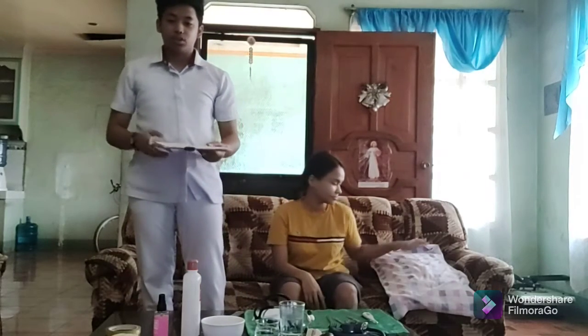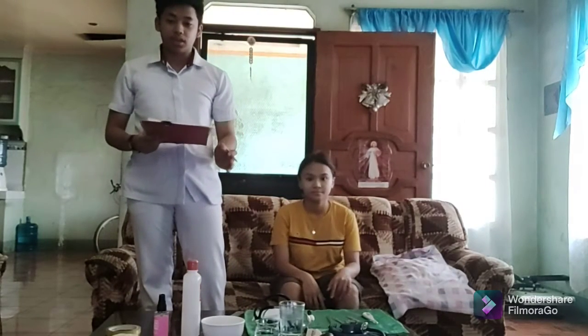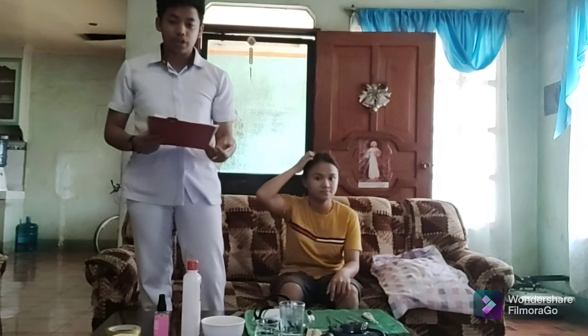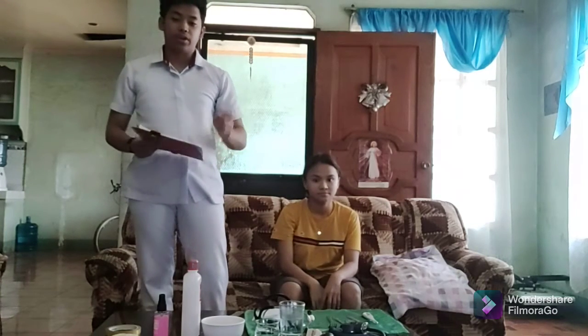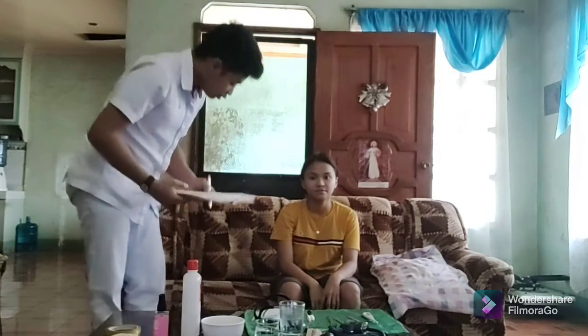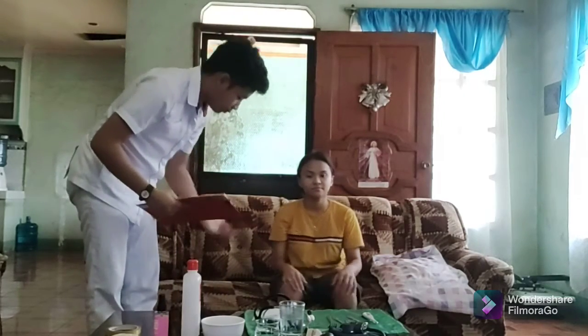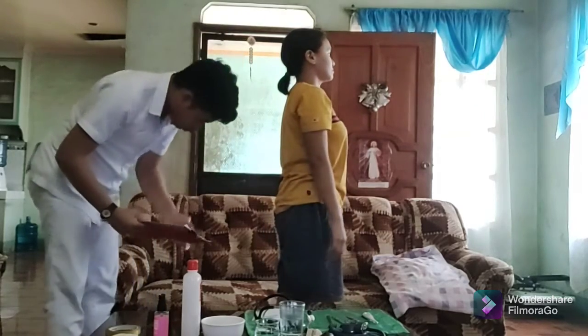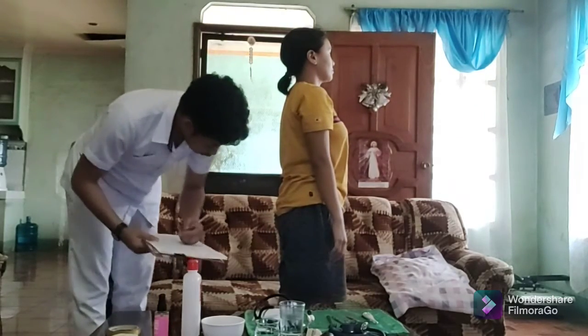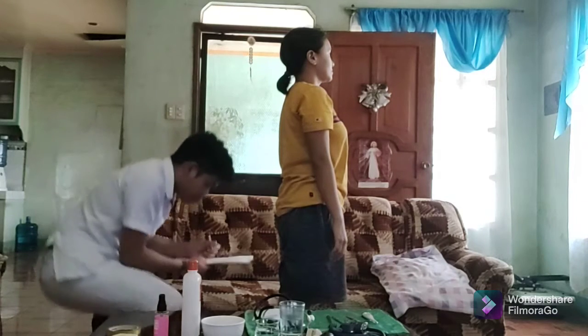So first is to inspect the lower extremities for overall skin coloration, texture, masses, lesions, and varicosities. So I want you to stand up, ma'am, and I want you first to move this over there. Okay, ma'am.